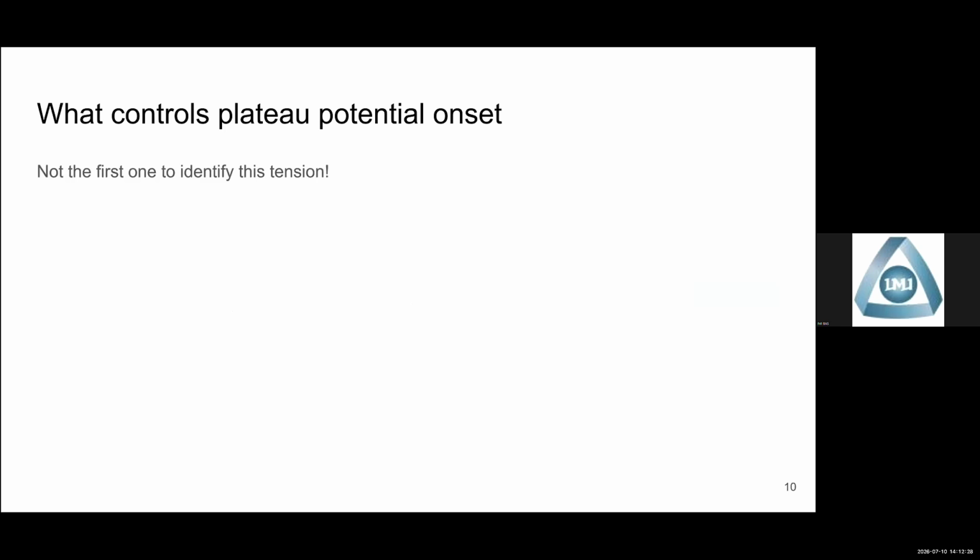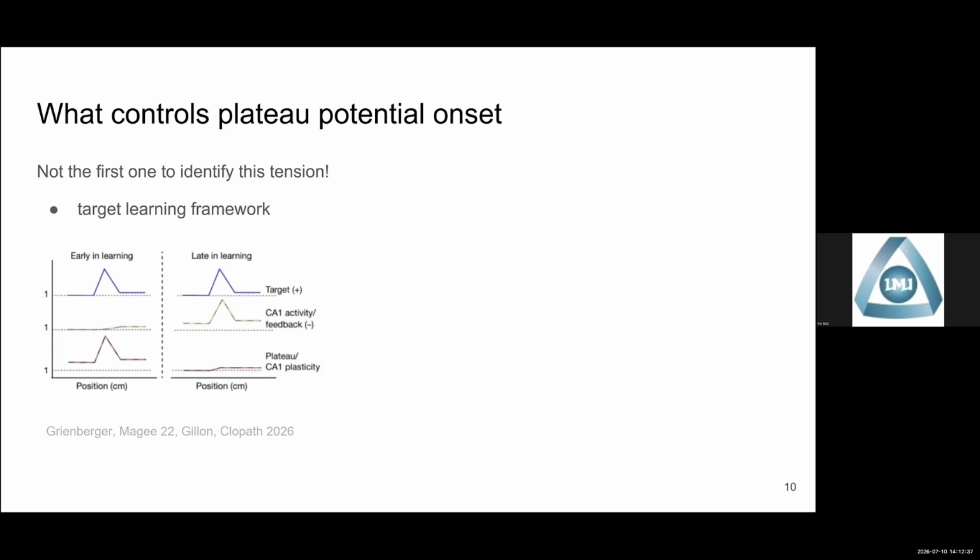Of course, I'm not the first one to identify that there's somewhat of a tension here. Usually people would say, yeah, this is target learning, a bit glossing over the unreliability of the EC3 input. What these experimenters suggested, and Guillaume Clopath's model, is that the target is actually the EC3 input.